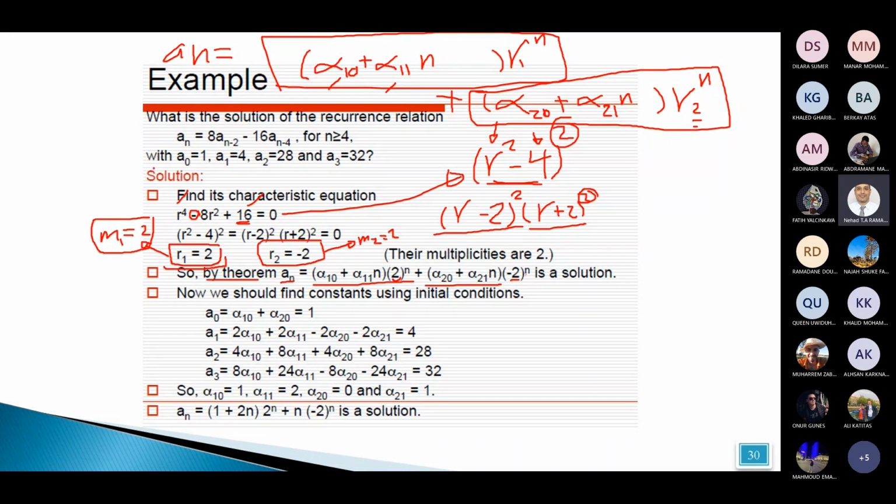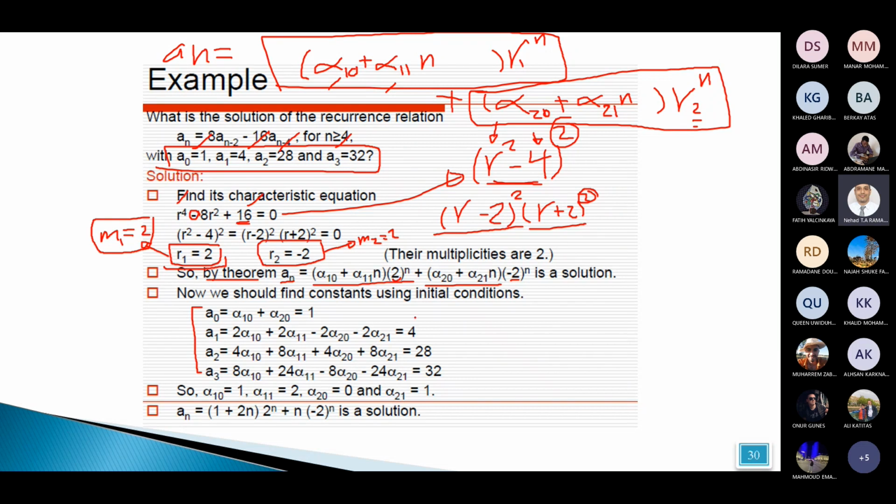You can use the initial conditions to get alpha 1,0, alpha 1,1, alpha 2,0, alpha 2,1. Because there are 4 constants, you need 4 initial conditions, 1, 2, 3, 4, to solve it.